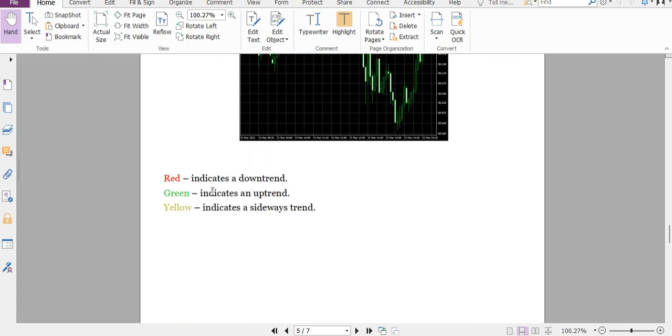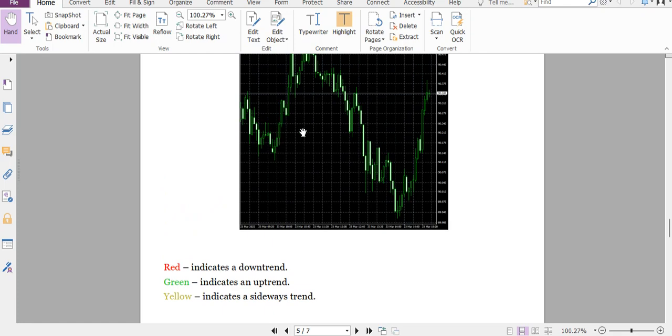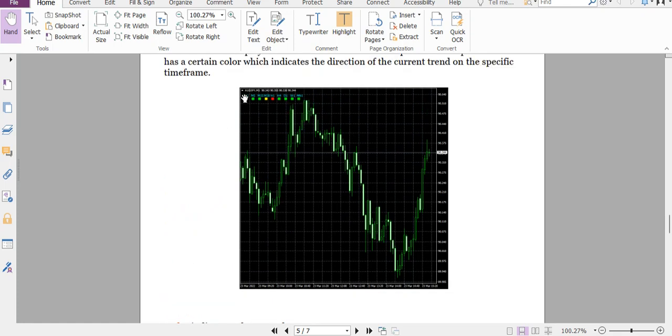Red indicates a down trend for you. For example, in this picture, on the Aussie JPY 5-minute chart with this indicator running, you see that H1 is red.